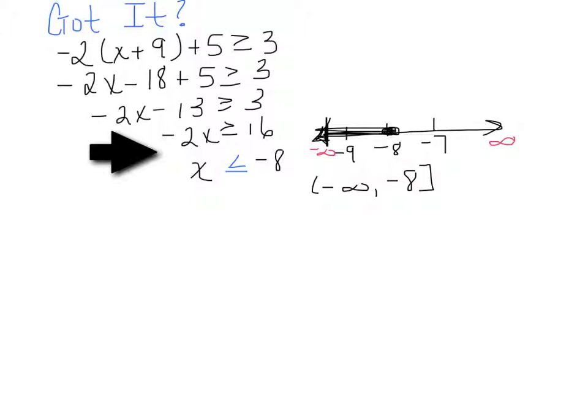So since there's an arrow pointing to negative infinity, we always go negative infinity, negative 8. In this case, you always go left to right, is what I was trying to say. So when you're doing interval notation, just like we read, left to right, smallest to largest.